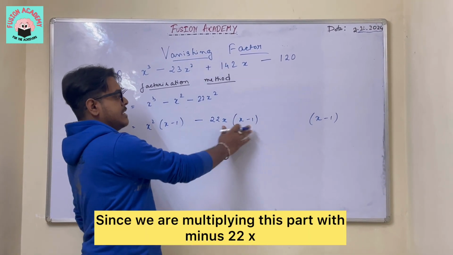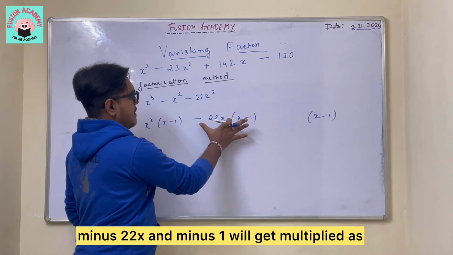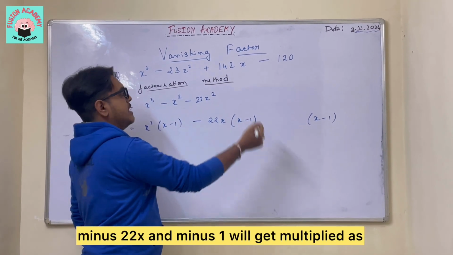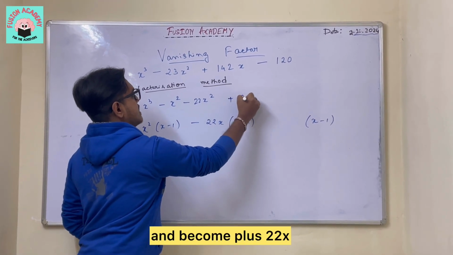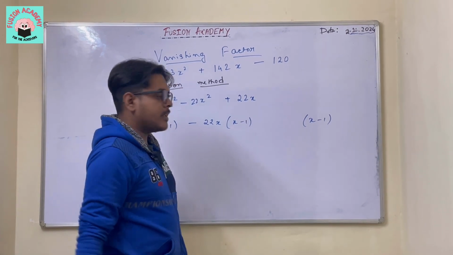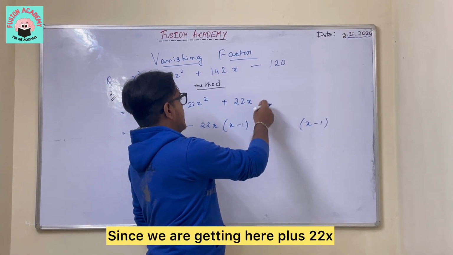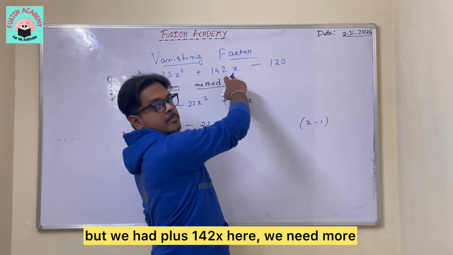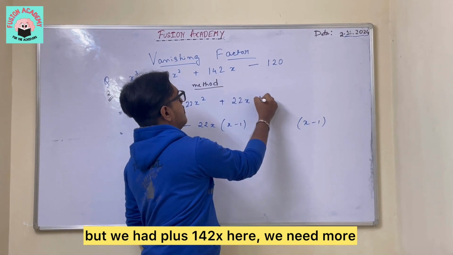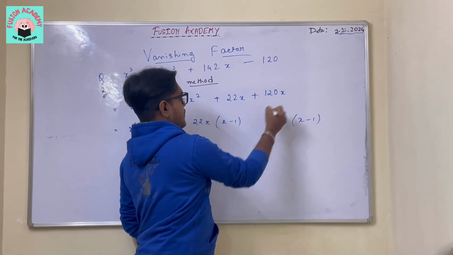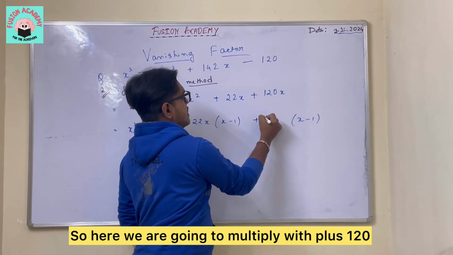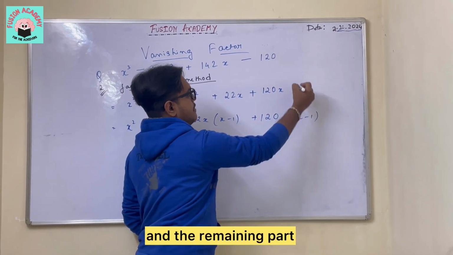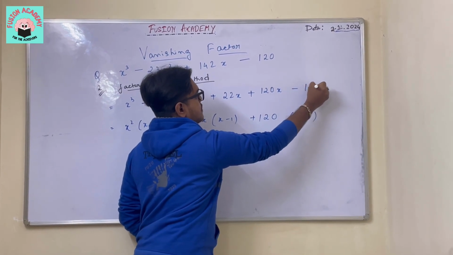Since we are multiplying this part with minus 22x, minus 1 will get multiplied and become plus 22x. Now since we are getting here plus 22x, but we had plus 142x here, we need 120x more. So here we are going to multiply with plus 120, and the remaining part that comes is minus 120.